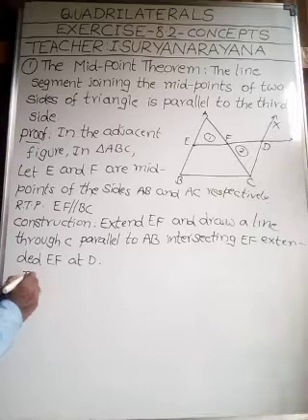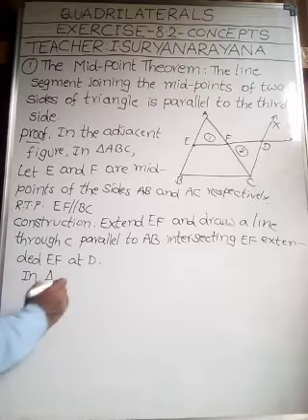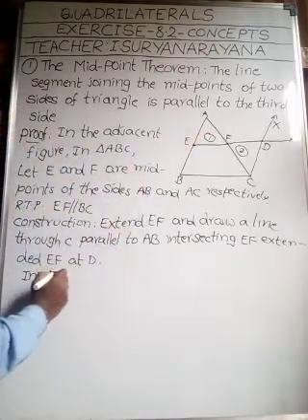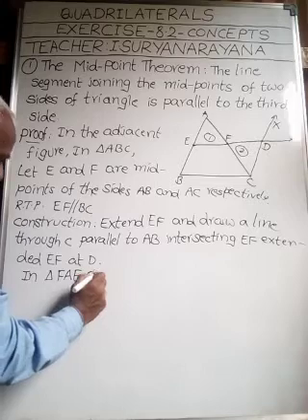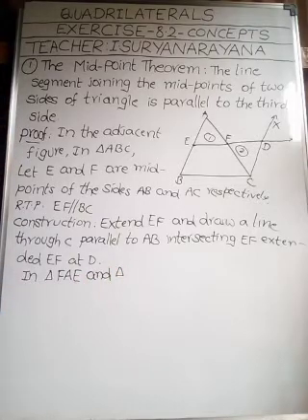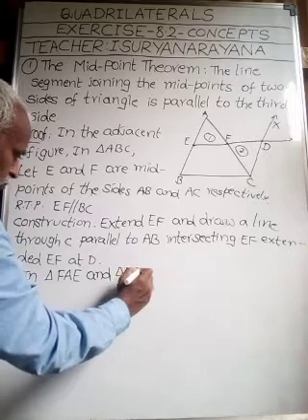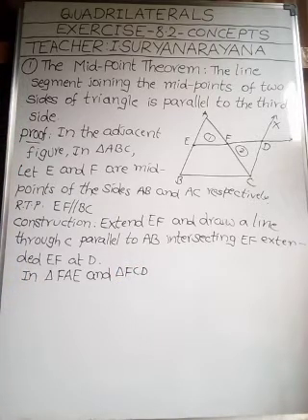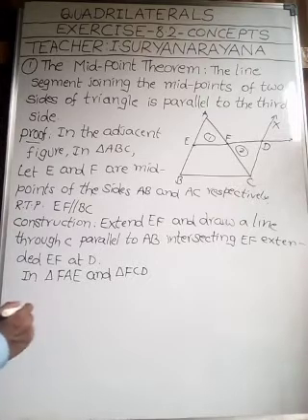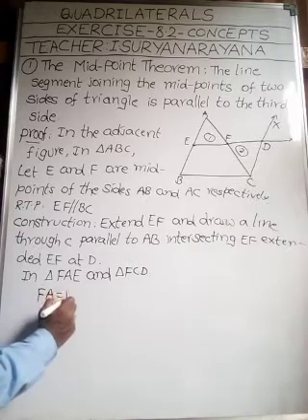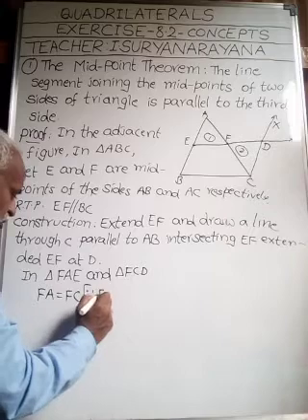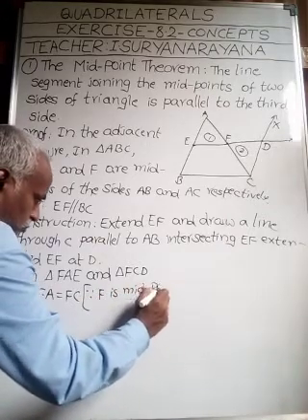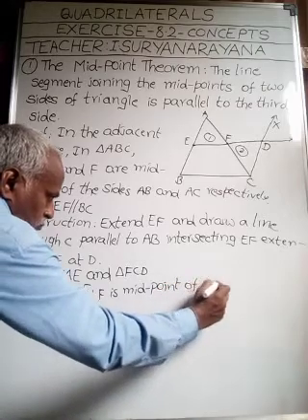Now in triangle FAE and triangle FCD, FA is equal to FC, since F is the midpoint of AC.